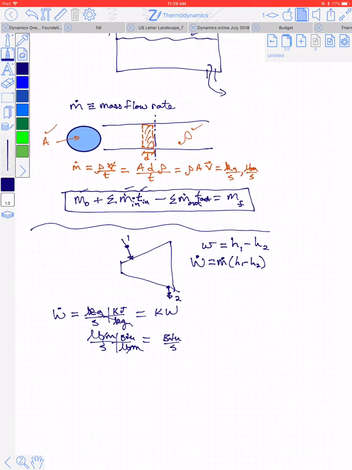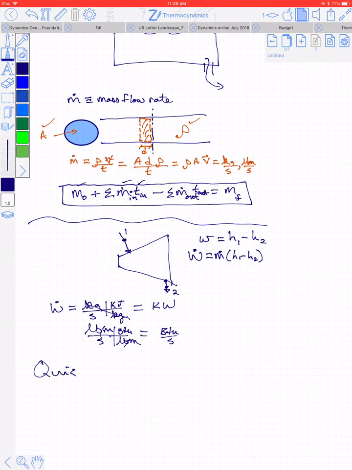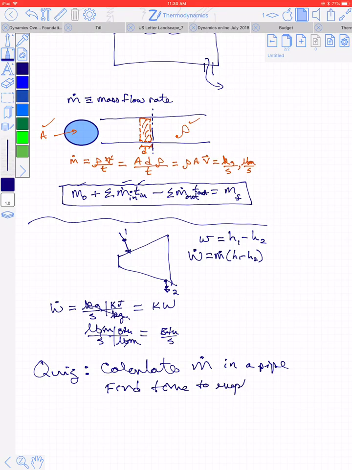All right, well, let's wrap this up. You can expect a quiz when you get to class. Here are some things I might ask you to do. Calculate mass flow rate in a pipe, or find time to empty a tank, or define mass flow rate, or describe the conservation of mass.